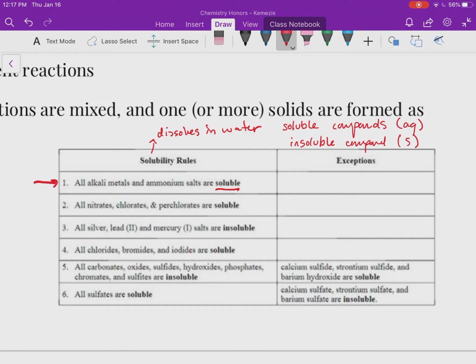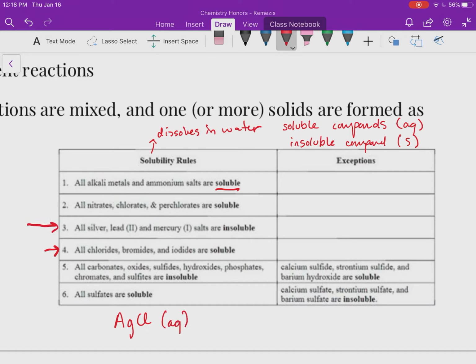But here's the thing, what if we had a silver chloride compound? We would look at these rules from top to bottom, because if I were to look at rule 4, this would make me think that, oh, this is a chloride, oh, it's soluble, it's (aq).